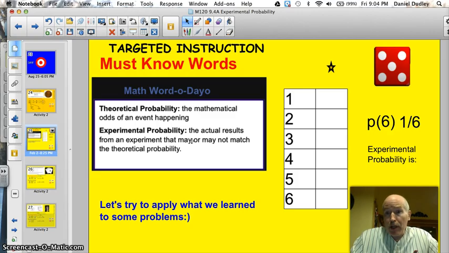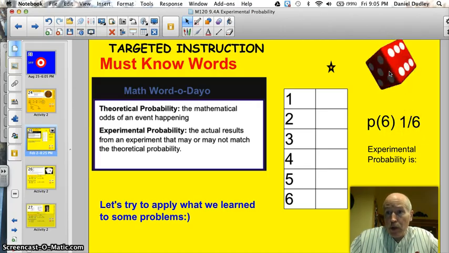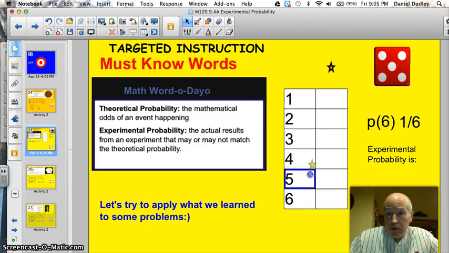I thought we'd just start with an experiment of our own tonight. So we're going to roll this die, and we'll just record what happens. We're trying to get the probability of a 6, and we think it should be 1 in 6, but let's do an experiment. So we roll it once, 5, we'll just move this guy down to a 5, and roll it again.